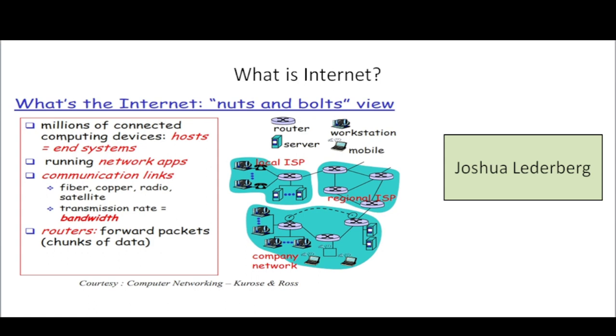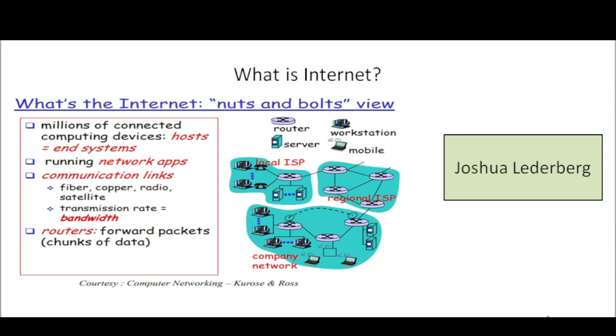This refers to the rate at which data is transmitted over these communication links, often measured in bits per second, that is bps, in small letters. Then routers are devices that forward data packets between computer networks, directing them toward their destinations.